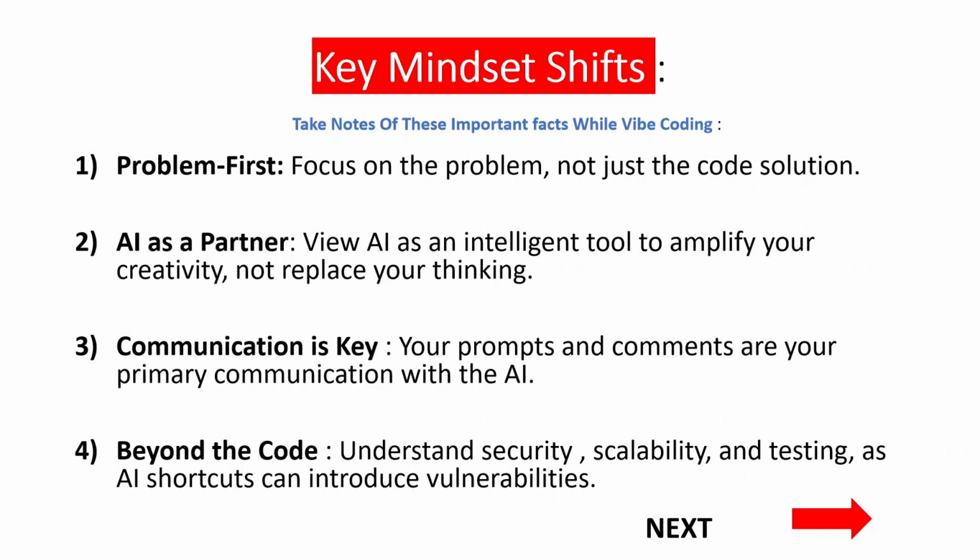So while building a vibe coding product, make sure you do security research, check the scalability, and test everything very well, manually as well. That's a good one to go with, and very very important.